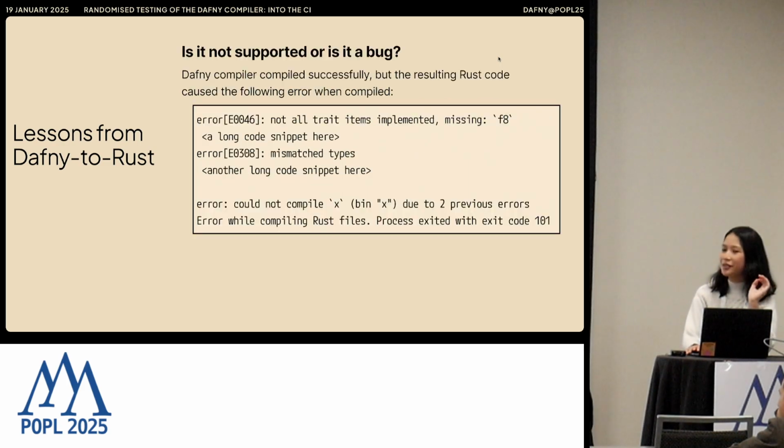But then we ran into other, more complicated cases. So in this case, we have some Dafny code. It compiles successfully into Rust, but then when you feed the Rust code to the Rust compiler, it comes out with this error. And once again, this was actually not a real bug, and it's because the Dafny code contains traits that have a constant attribute.